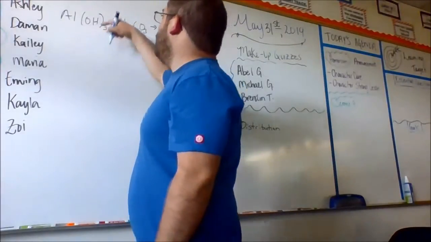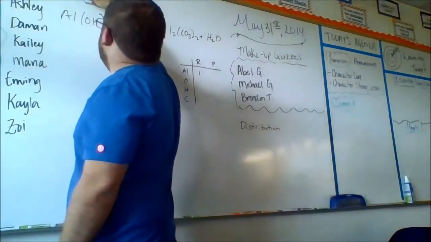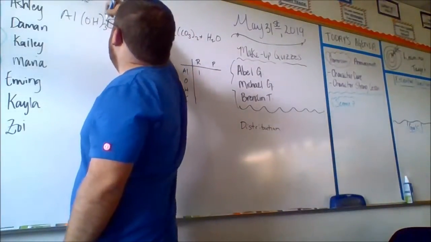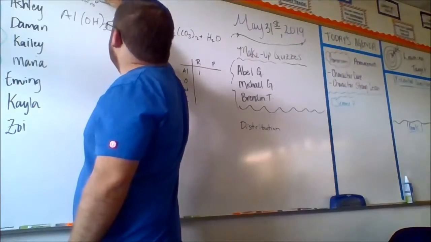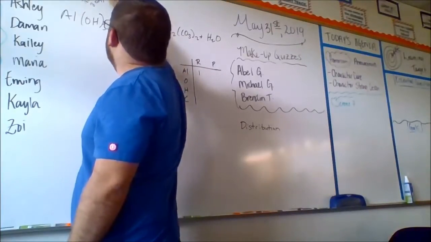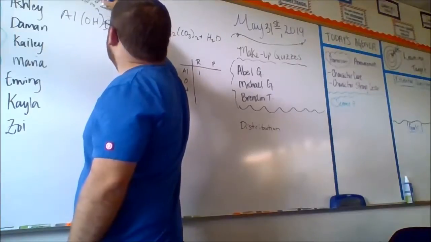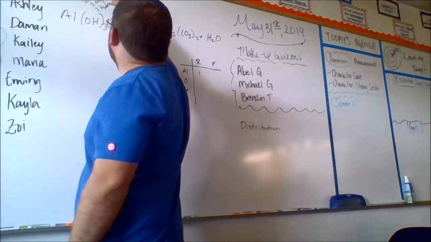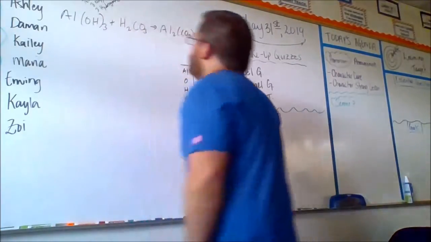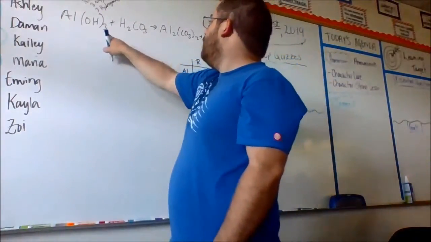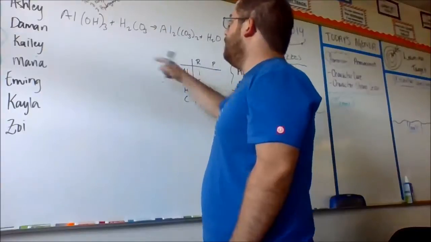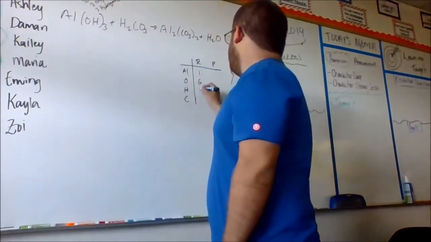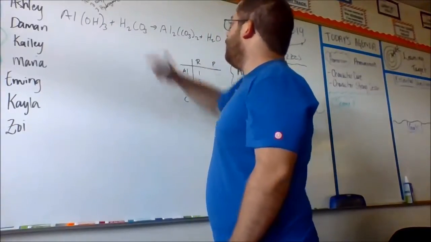Okay, so in this, there are a total of 3 oxygens, oxygen, and 3 hydrogens. So if we have 3 oxygens here and 3 oxygens there, that's 6. There's 3 hydrogens, 2 hydrogens, that's 5. There's 1 carbon.